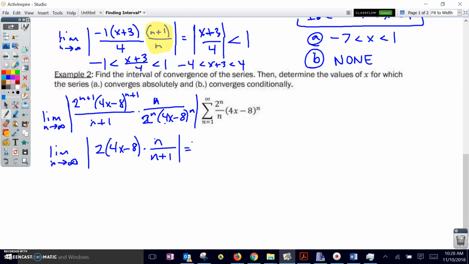which is equal to the absolute value of 2 times the quantity 4x minus 8. In order for this to converge, that absolute value has to be less than 1. So I set up my inequality here and solve this inequality.